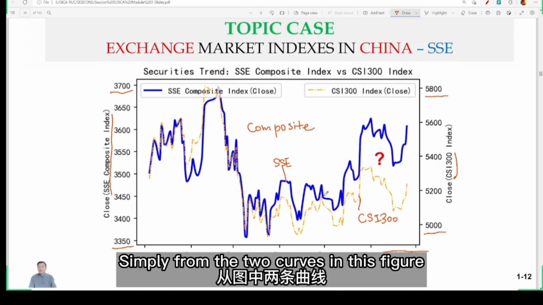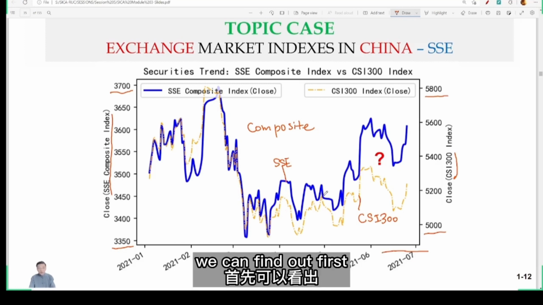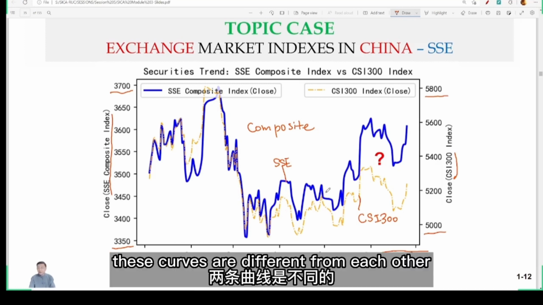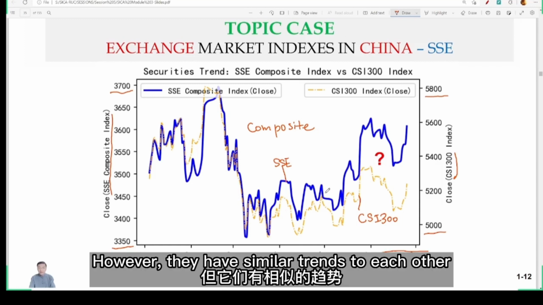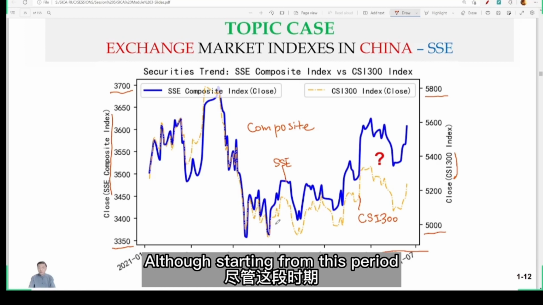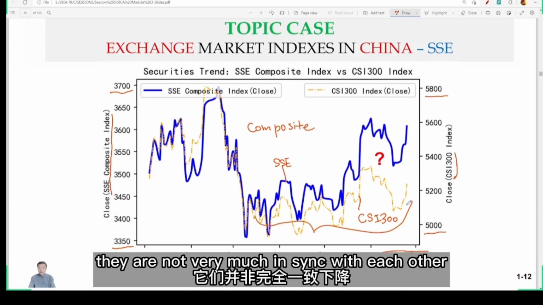Simply from the two curves in this figure, we can find out first, these curves are different from each other. However, they have similar trends. Although, starting from this period, they are not very much in sync with each other.